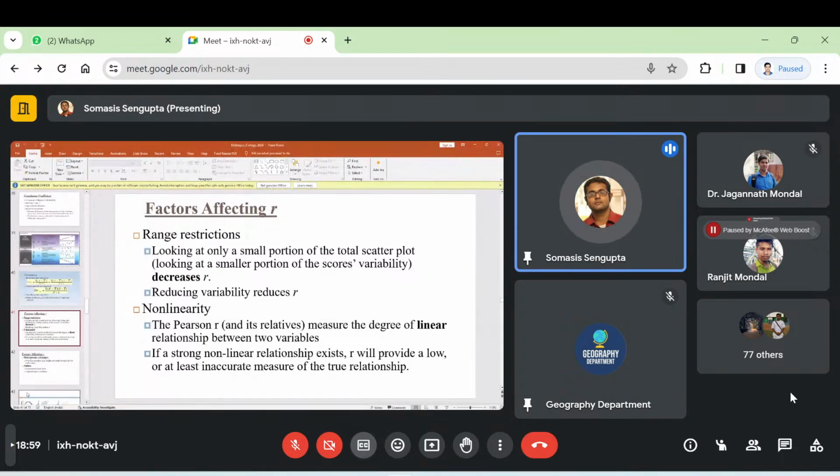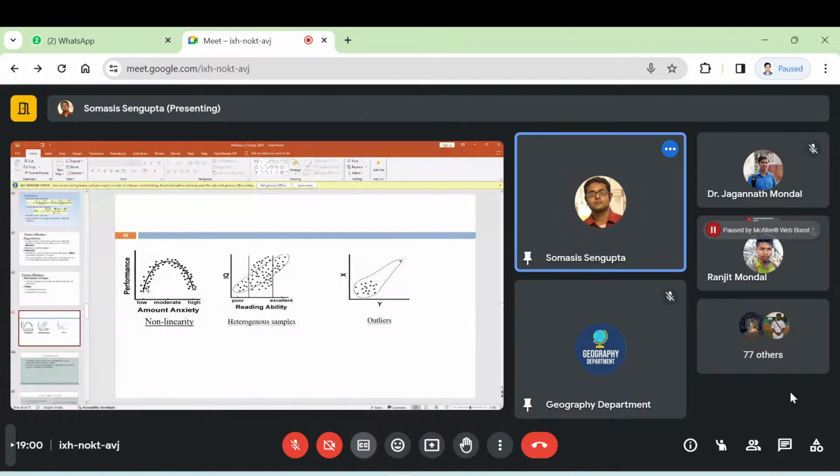So basically there are two relationships. In this diagram you have performance and amount of anxiety. That can also be done. Low anxiety means, if you are not at all bothered about your examination, it's expected that you are not sincere, so your performance will diminish.